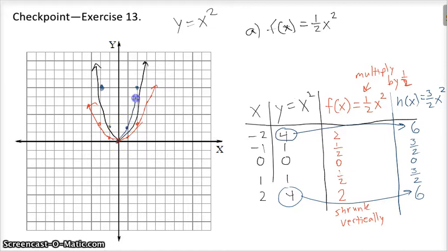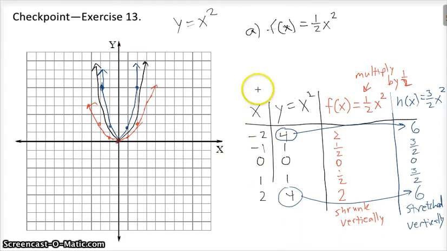So I still have this parabola, except it's now a steeper parabola. It's now stretched vertically.